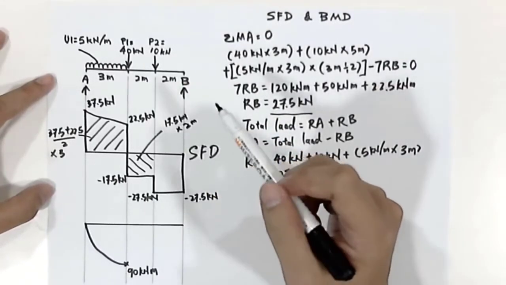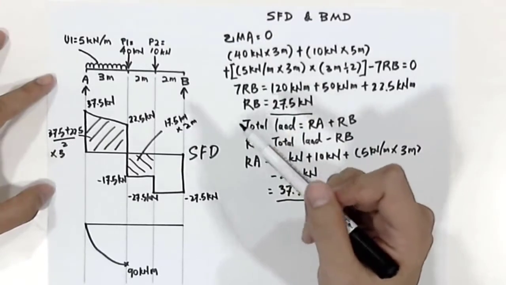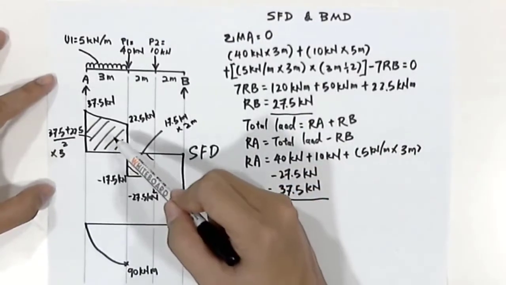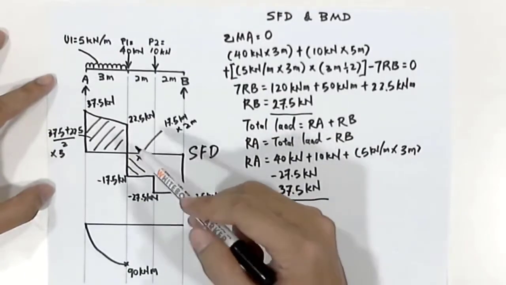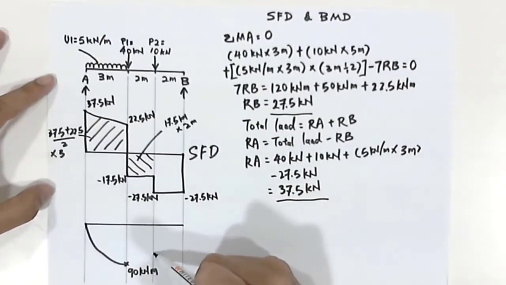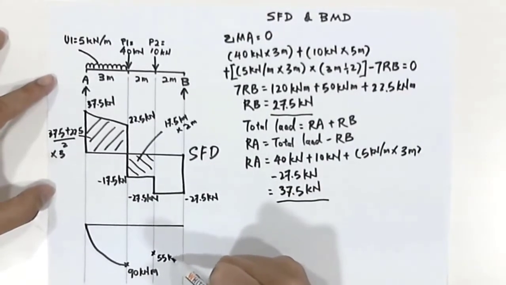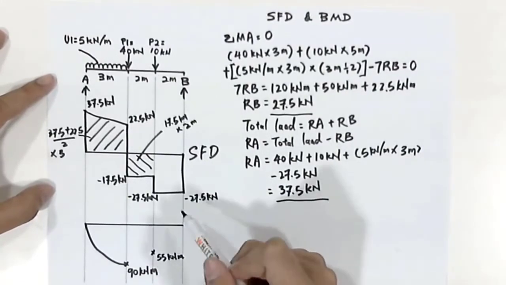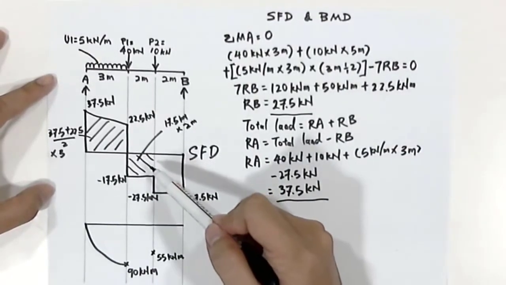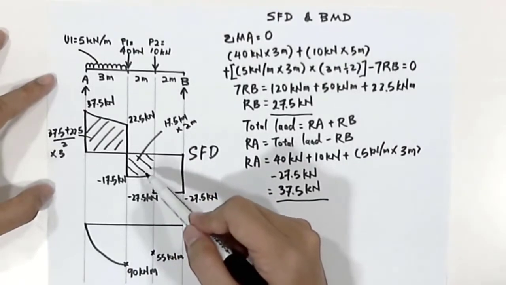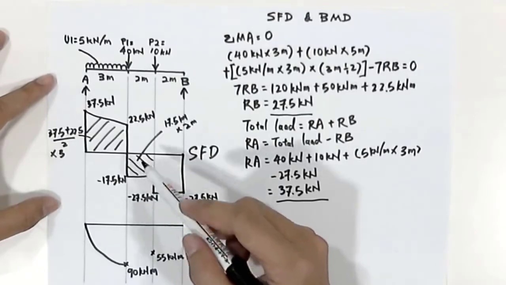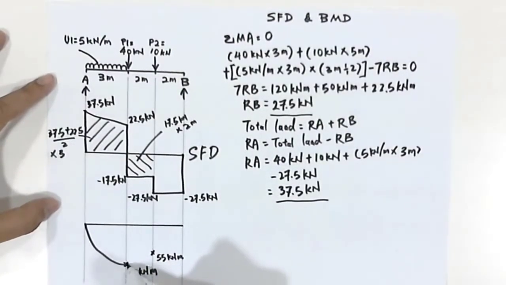So the total area deducted by the new area will give a value of 55 kilonewton meter. You see that since it is a straight line in the shear force diagram, therefore we'll draw a linear line in our bending moment diagram.